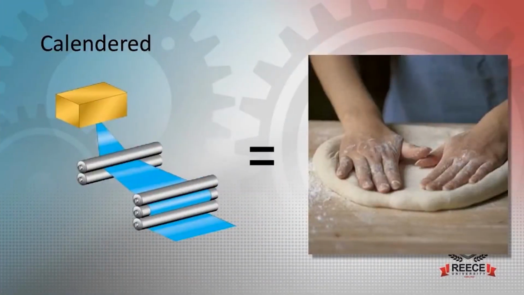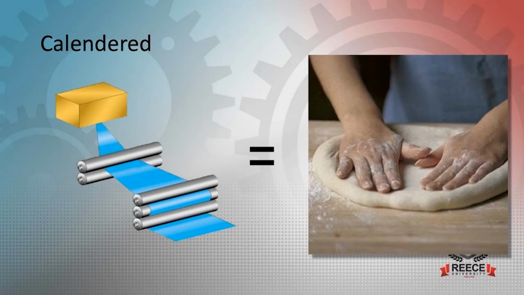And then for calendered, you also hear this referred to as an intermediate film. Calendered film actually starts as a solid. So it's more like a pizza dough instead of the pancake, like the cast film.